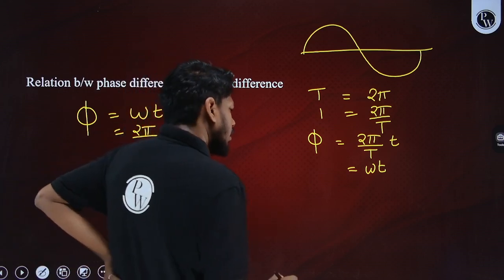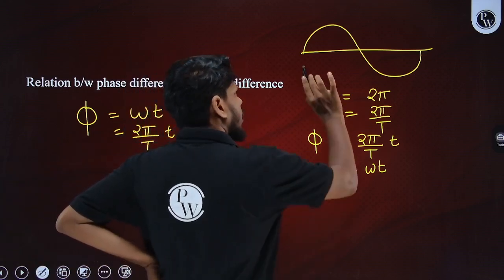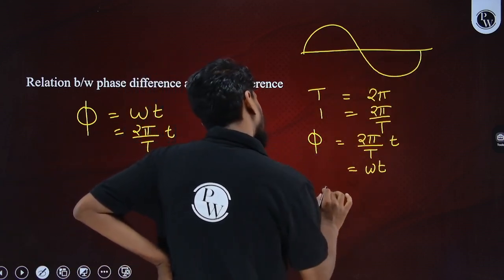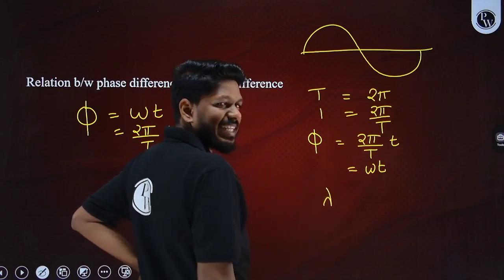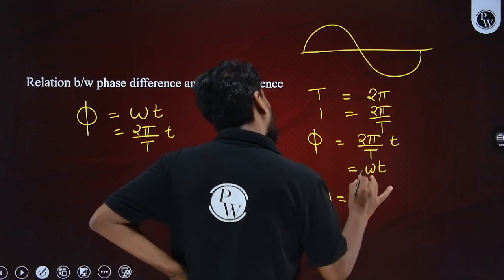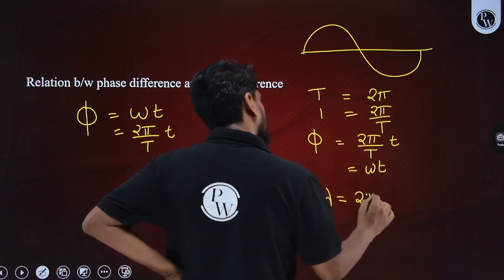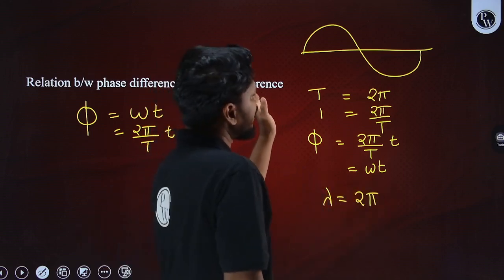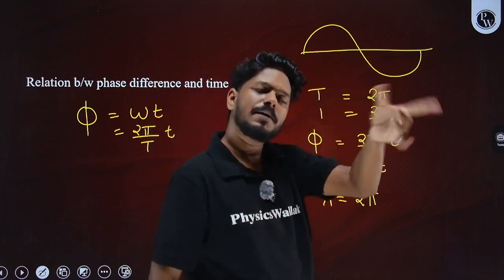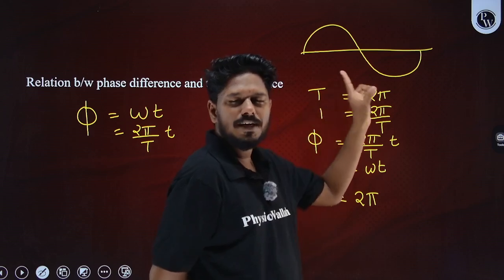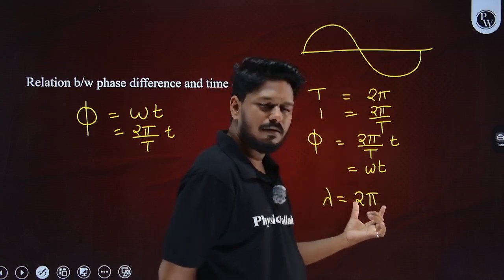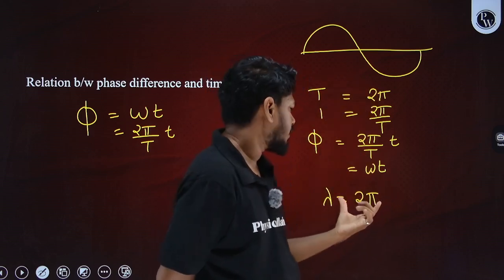Similarly, if distance traveled is equal to lambda, one complete wavelength, then what is the radian? 2 pi radian, 360 degrees, right?